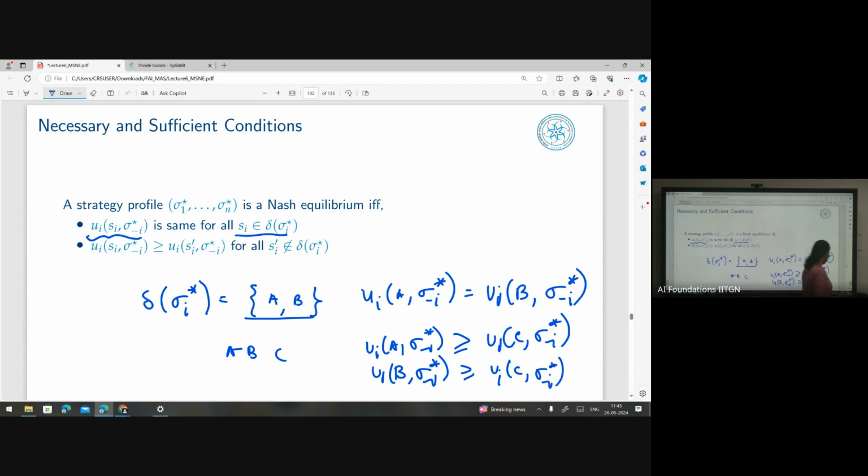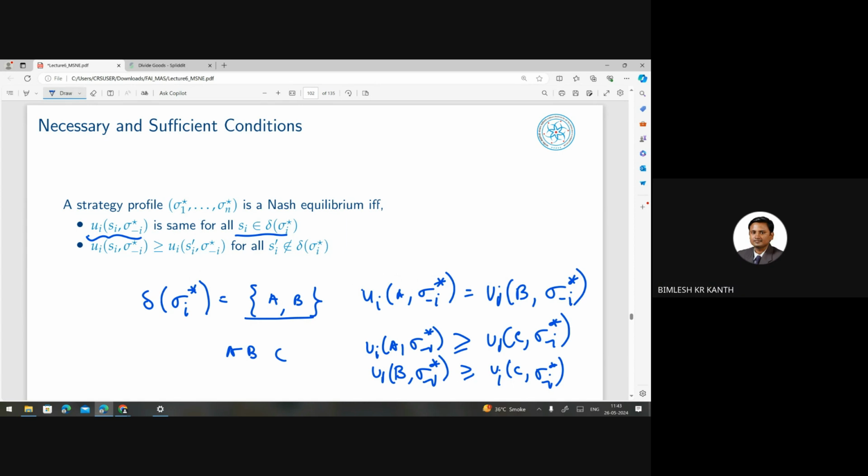So whenever there is a strategy that is not in your support, the utilities that you are getting out of the strategies in your support should be at least as much as the utility you would get by playing the strategies not in your support. That's the second condition that you need to check. Okay, got it.